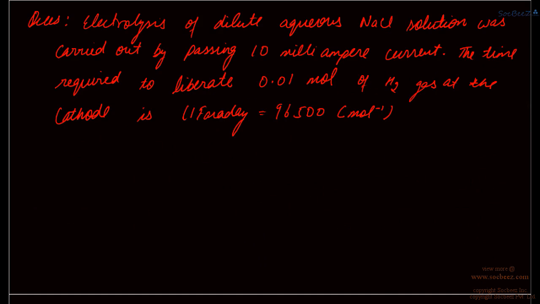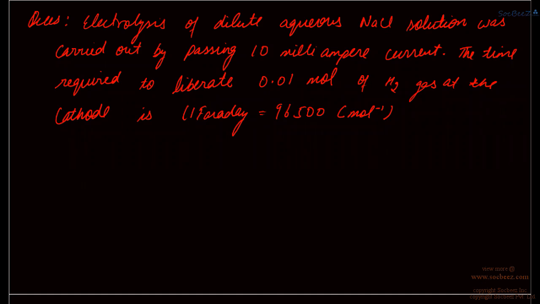Okay, so let's discuss another question. The question says that the electrolysis of dilute aqueous NaCl solution was carried out by passing 10 milliampere current. The time required to liberate 0.01 mole of H2 gas at the cathode is asked.